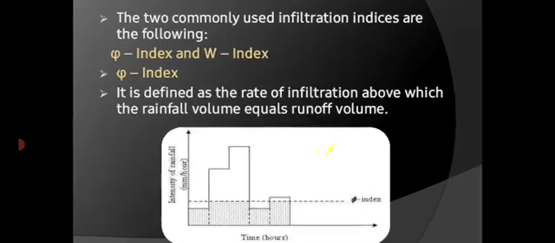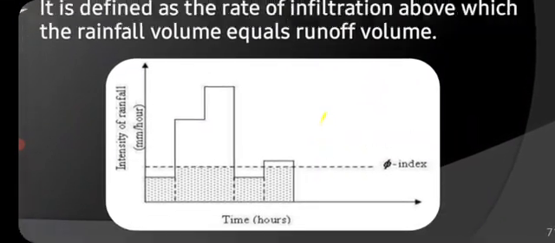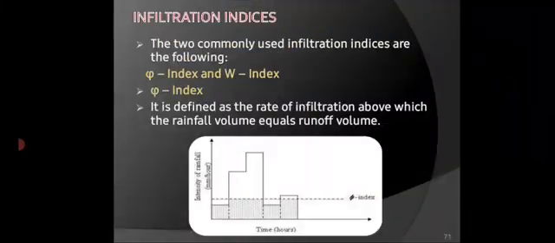So what is the phi index? The phi index is represented by this graph, on which the x-axis is time of precipitation or storm, and the y-axis is intensity of rainfall, meaning how much rain falls in a particular time duration, in mm per hour. The graph is prepared in bar chart form, and this graph represents the phi index.